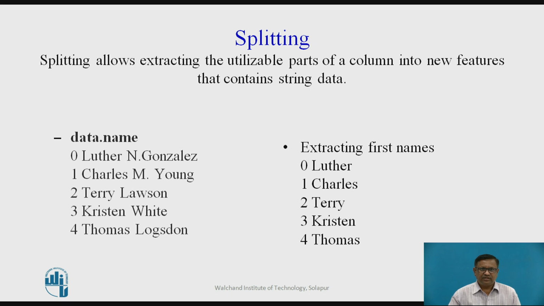There is the first name, then the middle name, and the last name. Suppose we want to work only on the first name, then we can split the data using feature engineering. Here, only the first name is extracted out of the complete name.